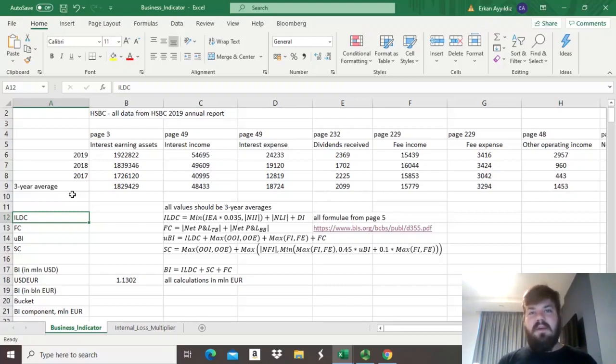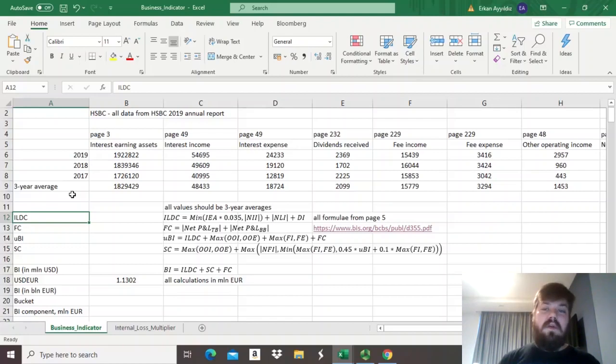Lease component would start to be available in the years to come as banks adopt new international financial reporting standards and they start distinguishing lease income out of other operating income. As for now, very few banks do that, and we can just neglect that in calculating the business indicator. But in the following years, we'll start seeing lease income as a standalone disclosure element for many banks.